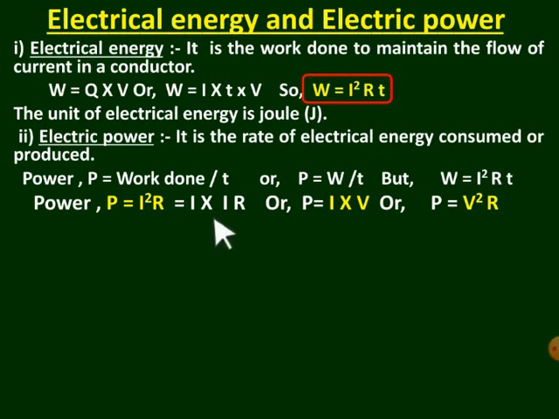You can also express I square R as I into I. Using Ohm's law, that V is equal to IR, we can express another form of power as V into I or I into V. And if you express this V by using Ohm's law again, then power will be equal to V square by R, since I means V by R. So V square in the numerator and R in the denominator.